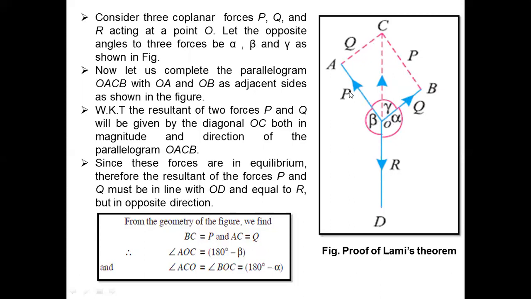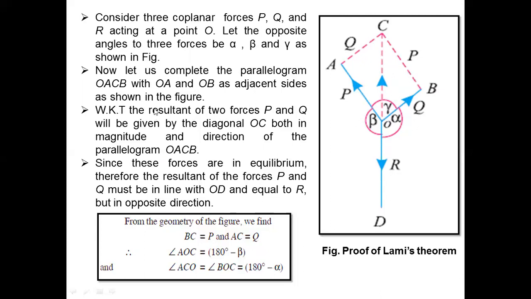To prove that, consider three coplanar forces P, Q and R acting at a point O. The opposite angles of P, Q and R are alpha, beta and gamma respectively, as shown in the figure.